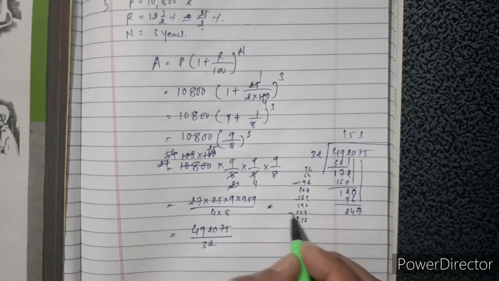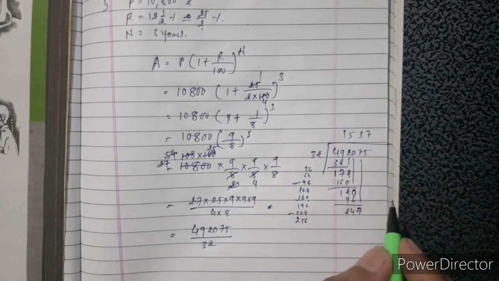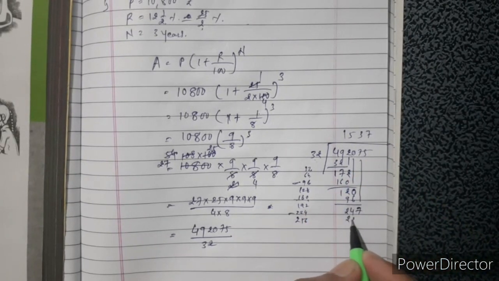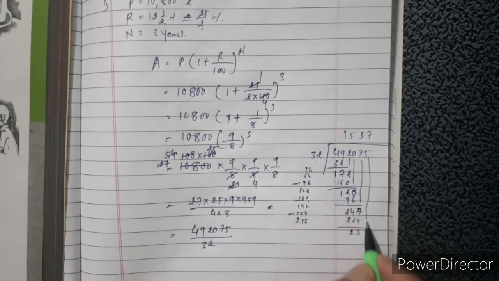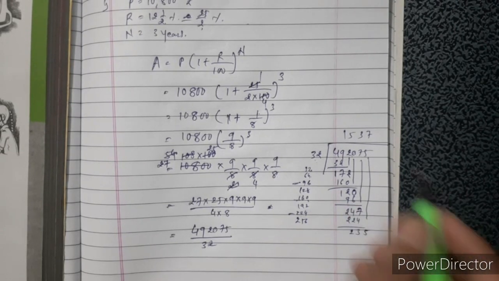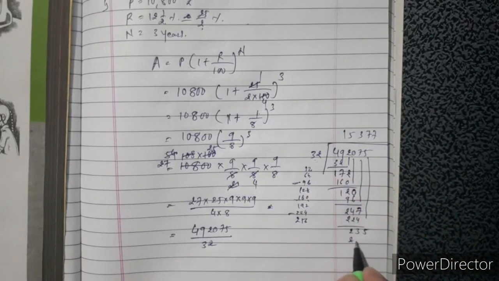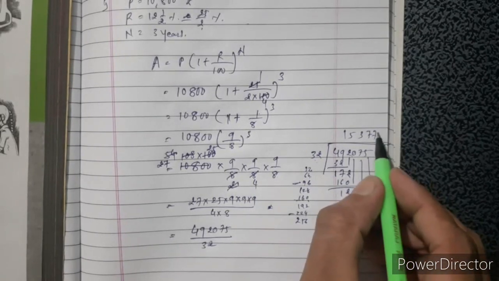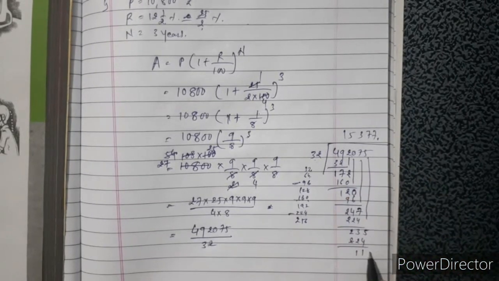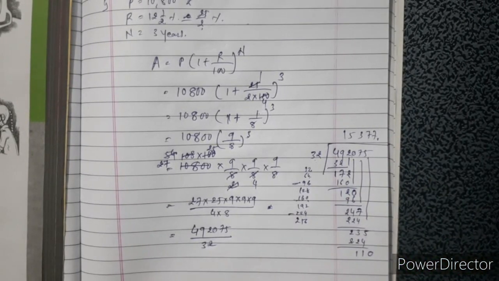So 7s are 224, that is 3 and here 2, then 5 comes down. Again the same, 7s are 224, here 1. Now no number is there, so what to do? Put decimal here and here 0, 110.